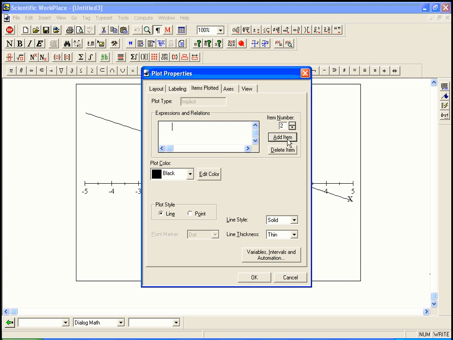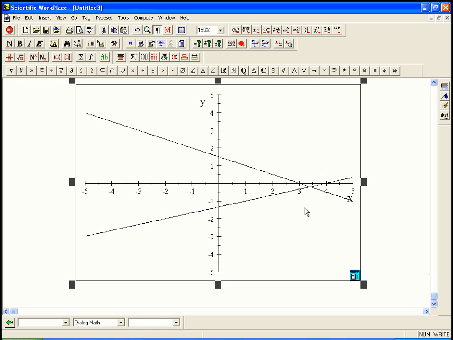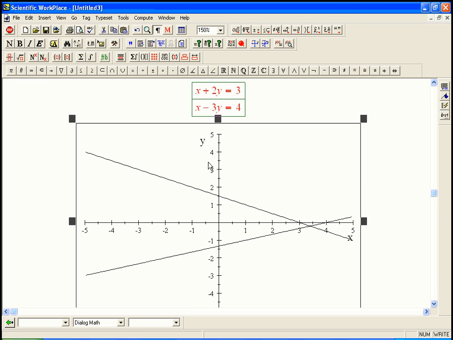So we'll add an item and Control V. Now it's going to plot these 2 lines, and the intersection, of course, is the one pair of x and y that satisfies both of these equations.